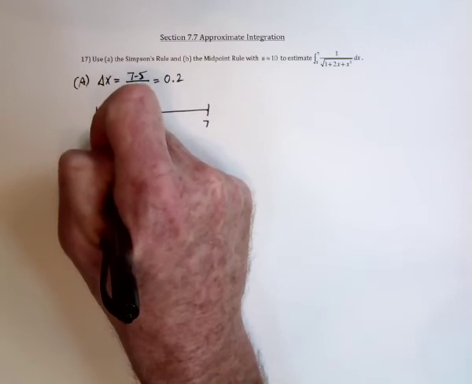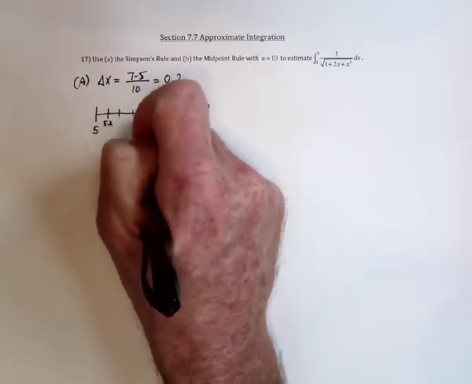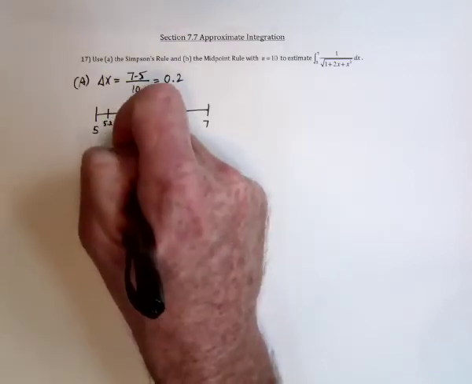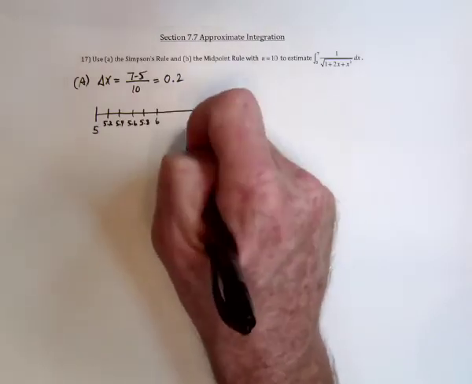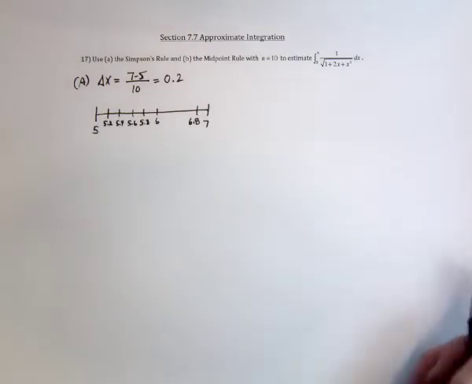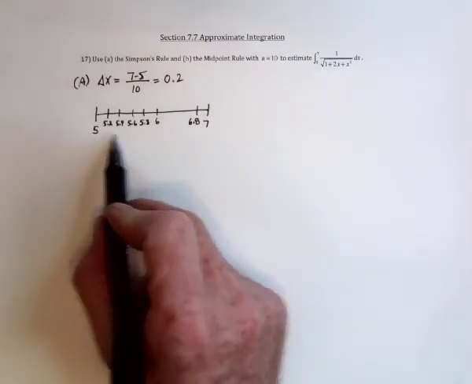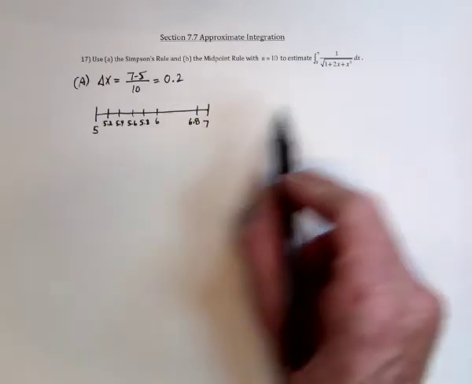So this is going to be 5.2, 5.4, 5.6, 5.8, etc. until you get to 6.8 and then 7. We're going to take all of these numbers from 5 to 7 inclusive, substituting them into the function.